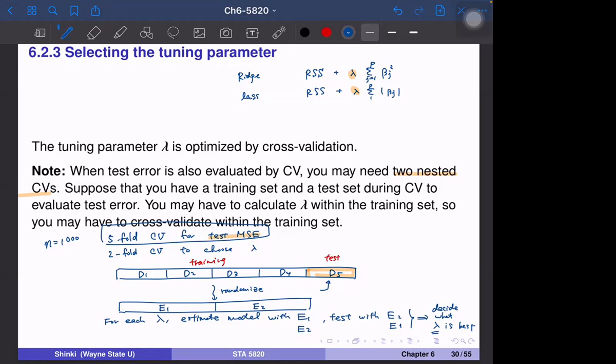Yes. Of course, sometimes some people want a shortcut and estimate lambda only once. But logically speaking, you are right. You have to estimate lambda for each training set in the 5-fold cross-validation process.